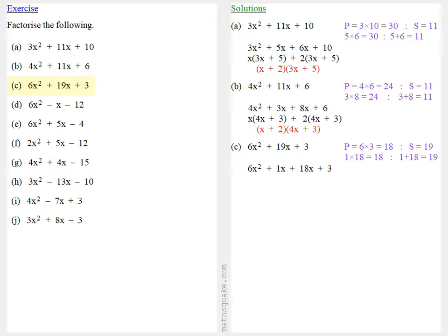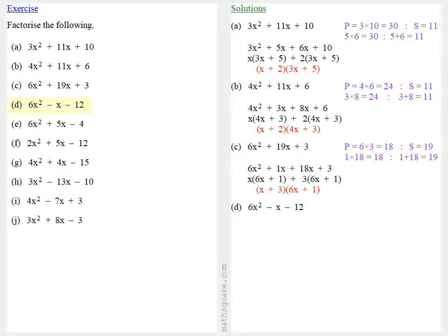Now we can split the middle term, 19x, into 1x plus 18x. If we factorise the first pair, x is common, so we have x into 6x plus 1. And in the second pair, 3 is common, so we have 3 into 6x plus 1. So we have x plus 3 into 6x plus 1.